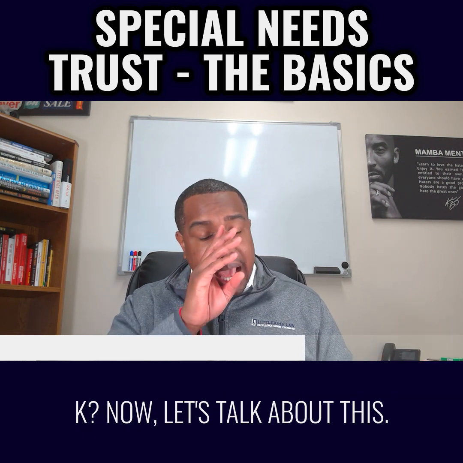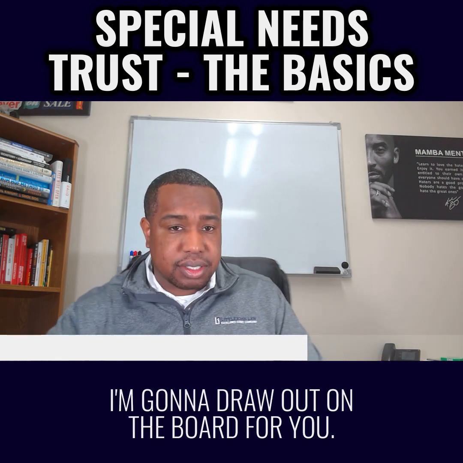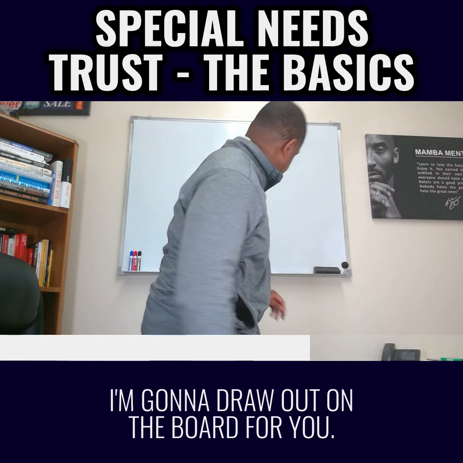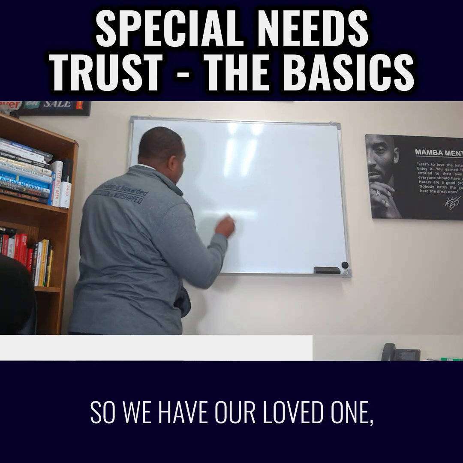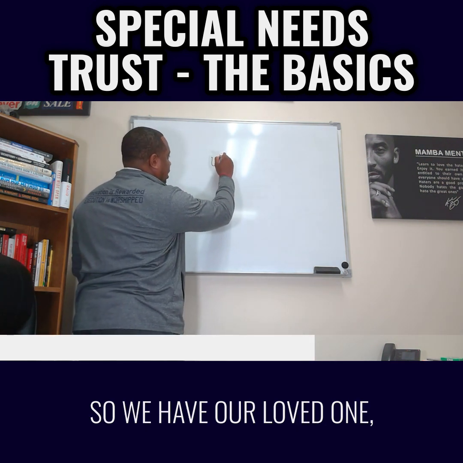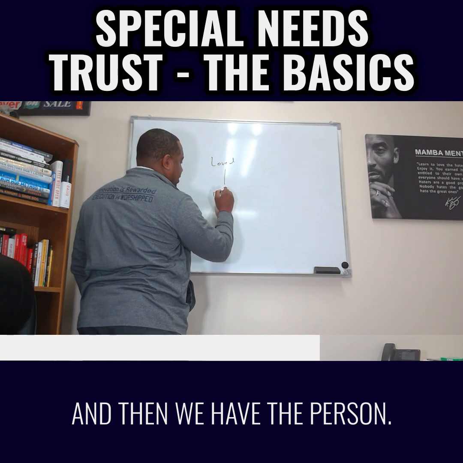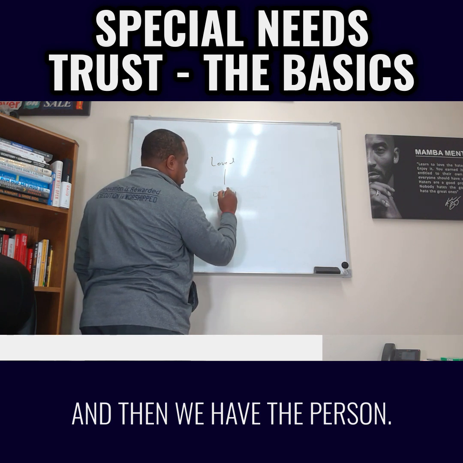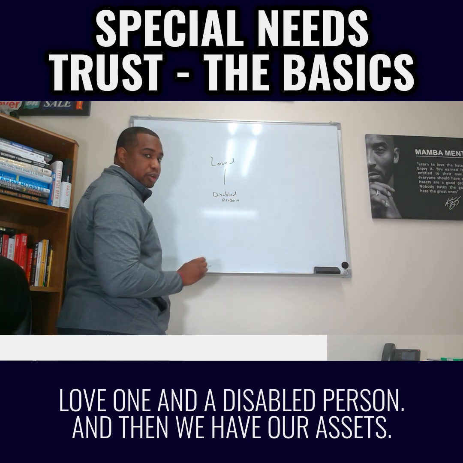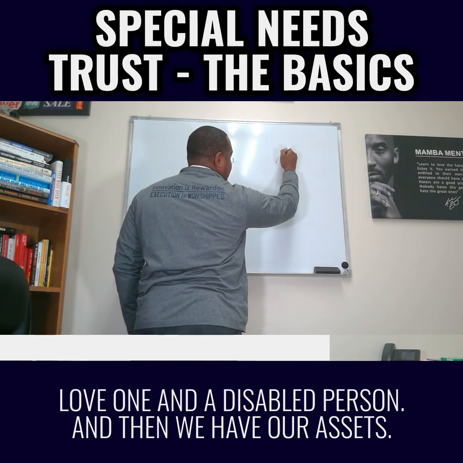Okay. Now, let's talk about this. I'm going to draw it out on the board for you. So we have our loved one and the disabled person, and then we have our assets.